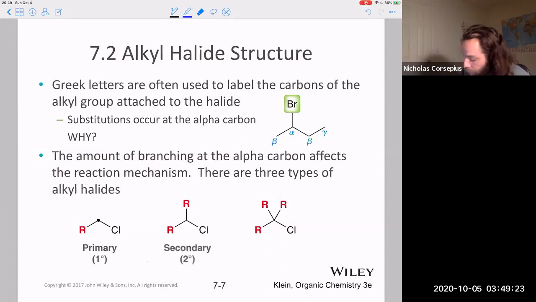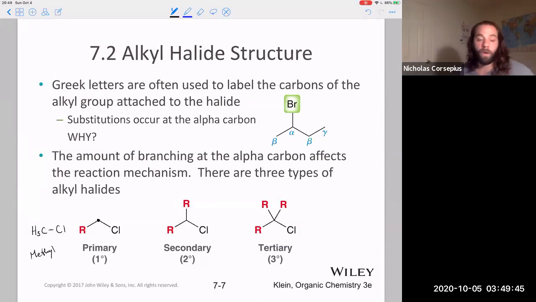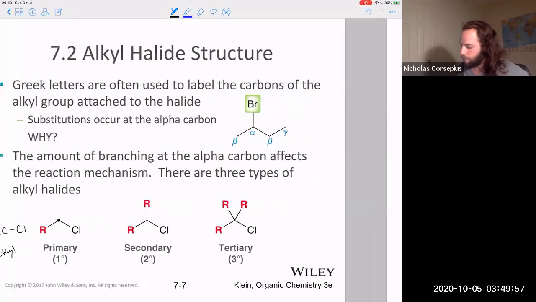If it's bound to 2 carbons, it's a secondary alkyl halide. And if it's bound to 3 carbons, it's a tertiary alkyl halide. I guess the other extreme end of things would be, for example, this, and this is what we call a methyl, where the alpha carbon isn't bound to any other carbons. But primary, secondary, tertiary, these are going to be important designations that we're going to use to refer to our alkyl halides. Okay.